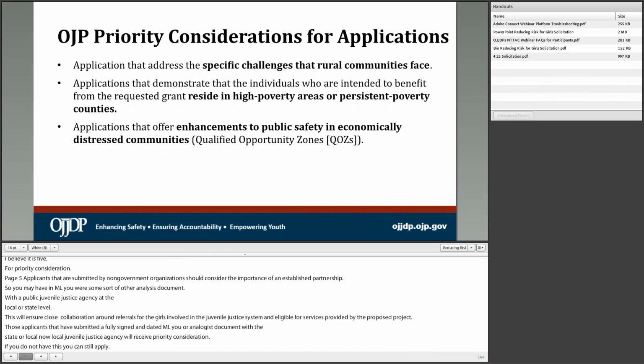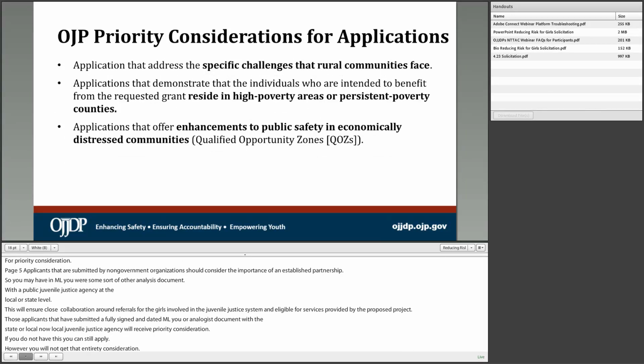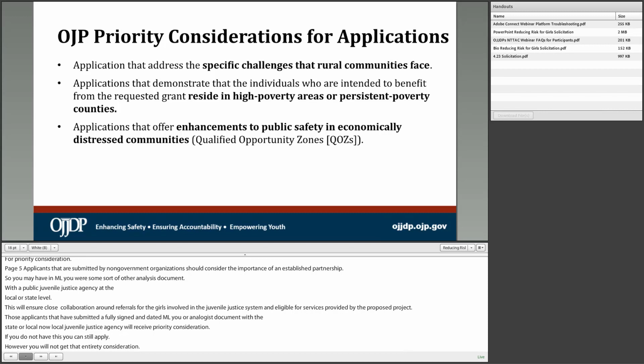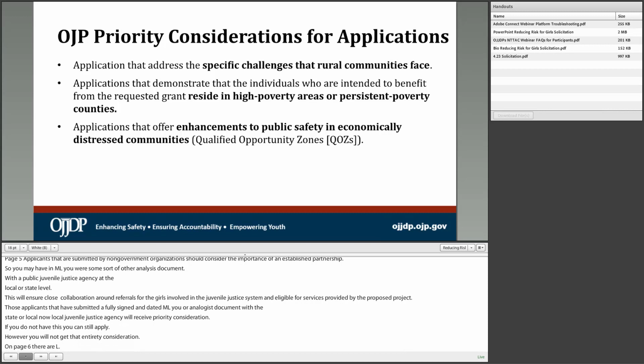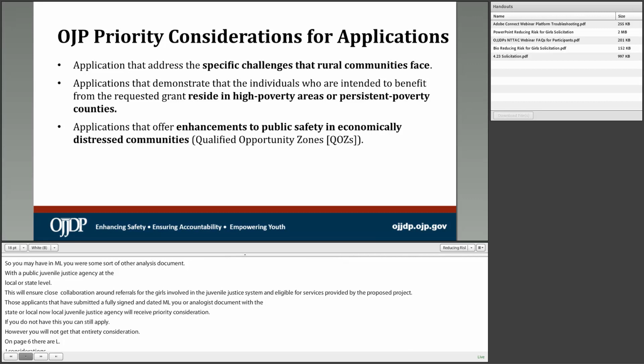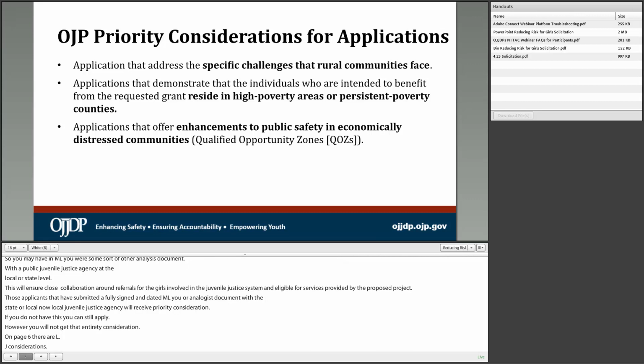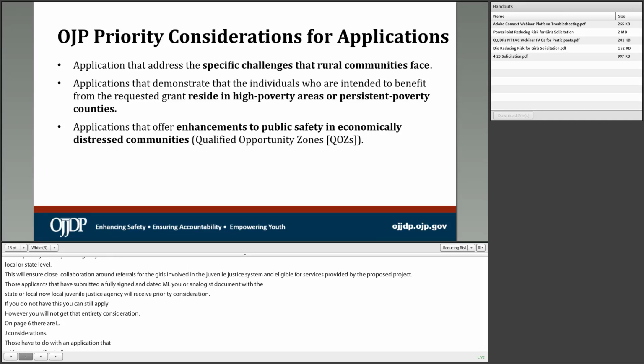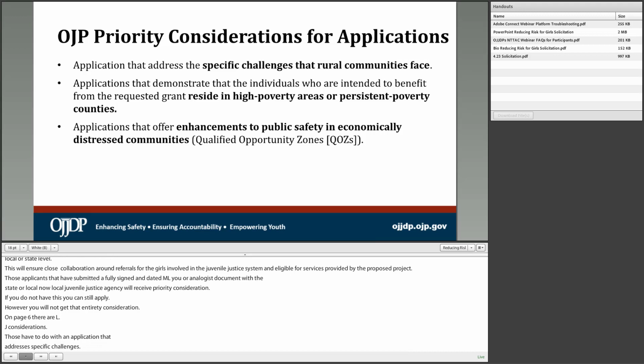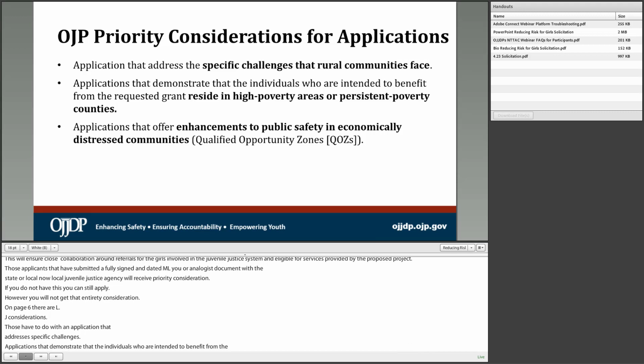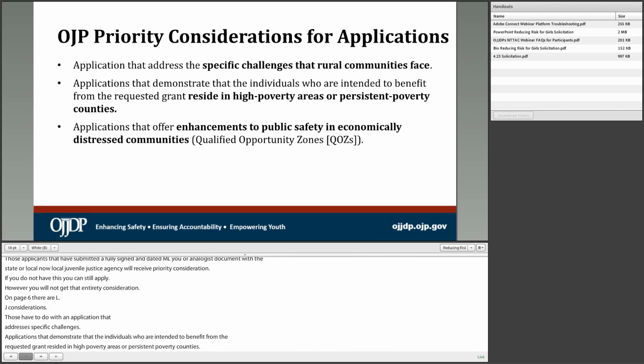Now, on page 6, there are OJP priority considerations, and those have to do with an application that addresses the specific challenges that rural communities face, applications that demonstrate that the individuals who are intended to benefit from the requested grant reside in high poverty areas or persistent poverty counties, and applications that offer enhancements to public safety in economically distressed communities or QOZs.